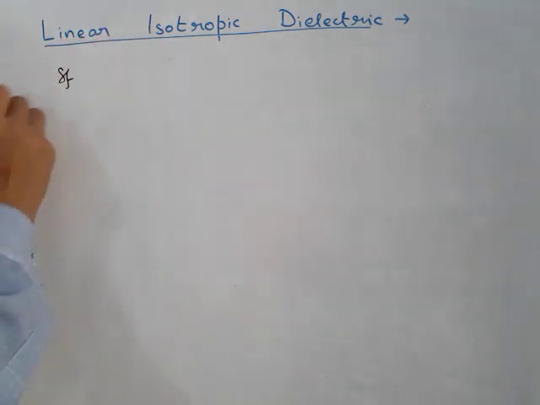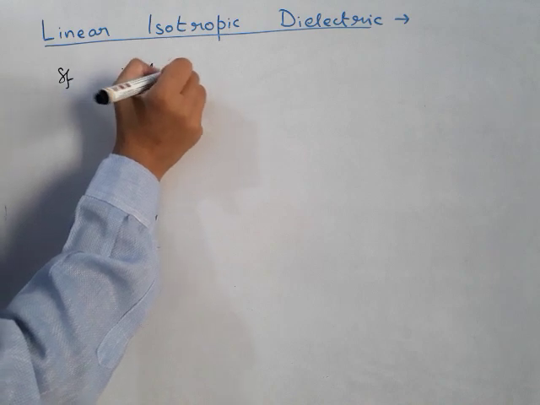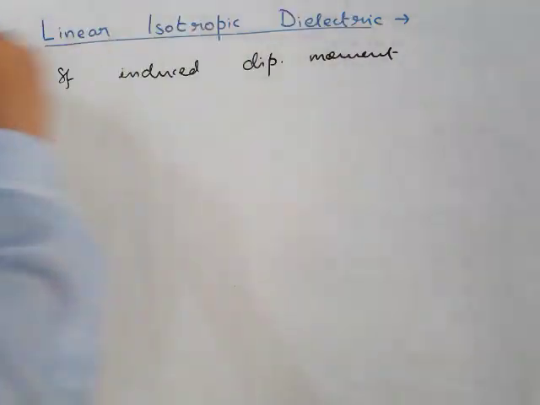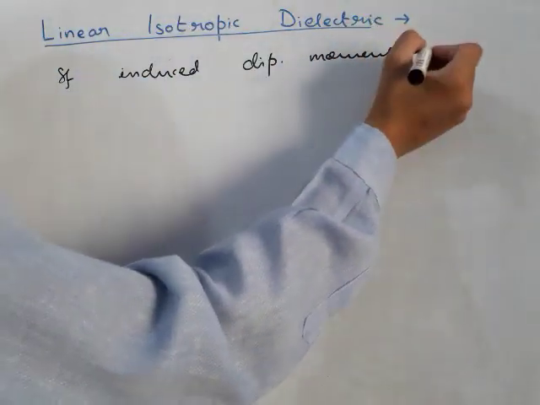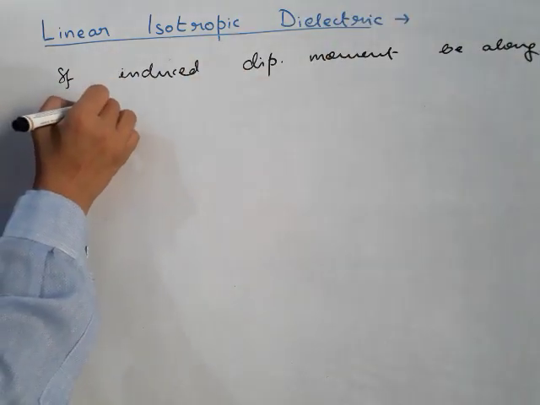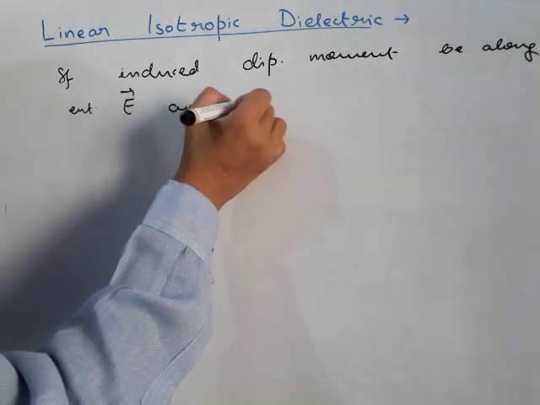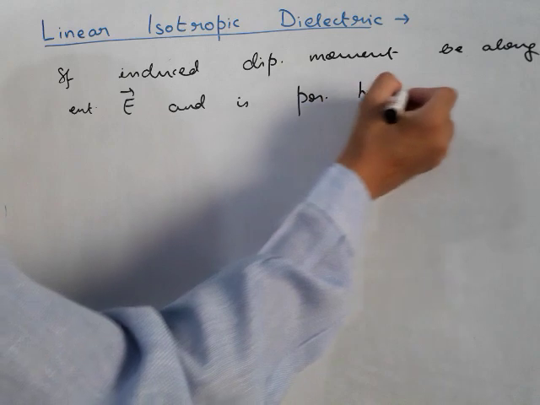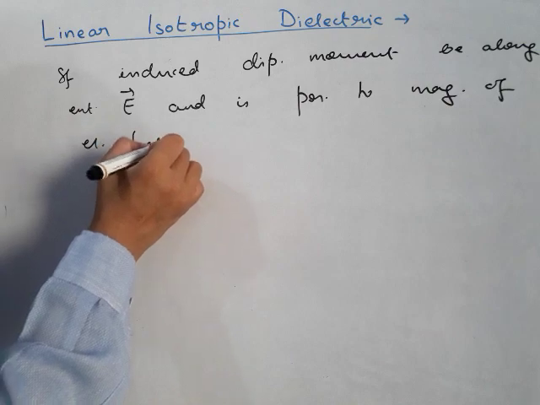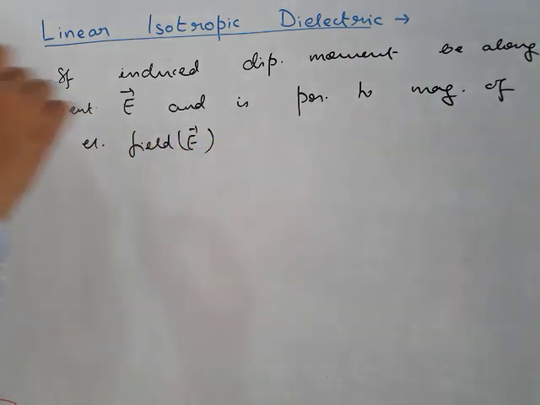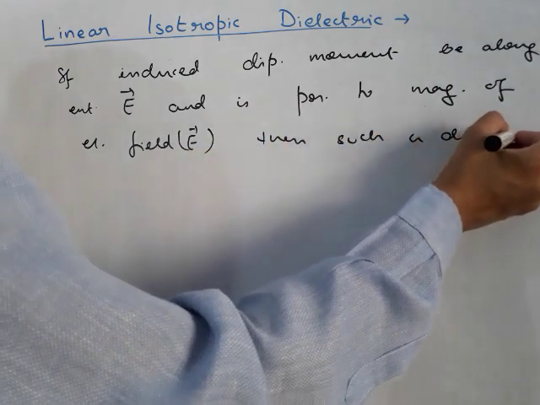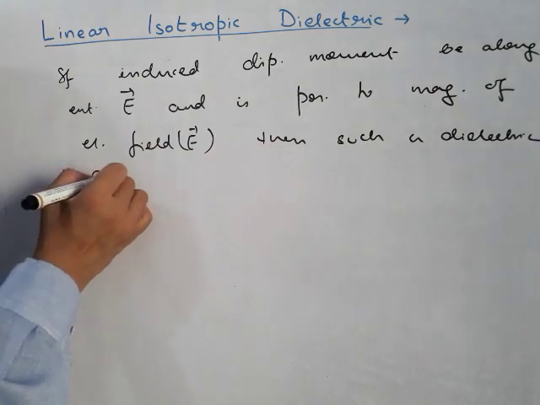So if the induced dipole moment in any dielectric be along the external electric field and is proportional to the magnitude or the strength of electric field, then such a dielectric is called as what?